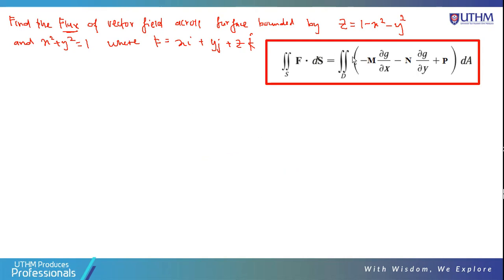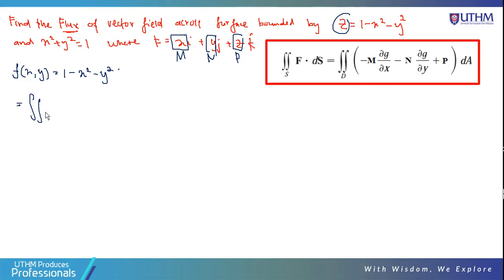You need to find the surface equation. This surface equation is z, so 1 minus x square minus y square. Okay, the surface is settled, in the position in xy, and there is a vector field. The vector field represents m, n, and p. So you use this formula.